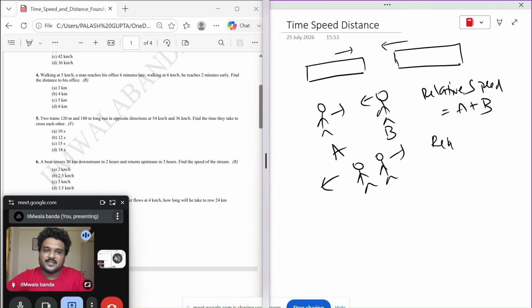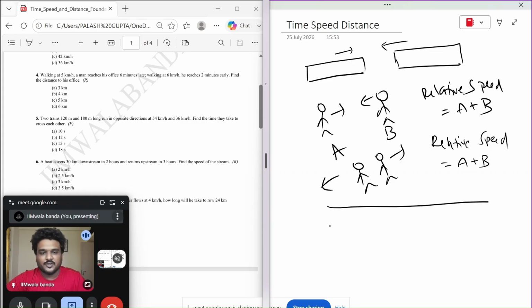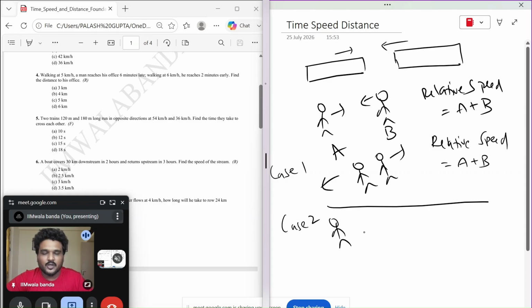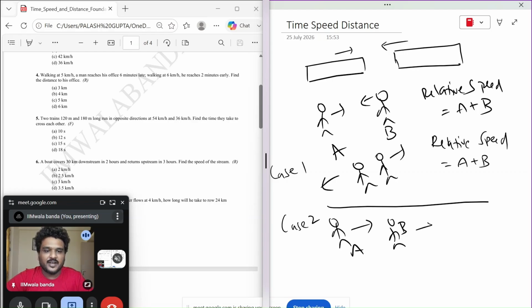So in this case, the relative speed will again be a plus b, because this will come in the concept of all the questions. This is case 1 where the speed gets increased. This is case 2, when A is chasing B who's running away. In this case, if he was stationary, A would have reached very fast.